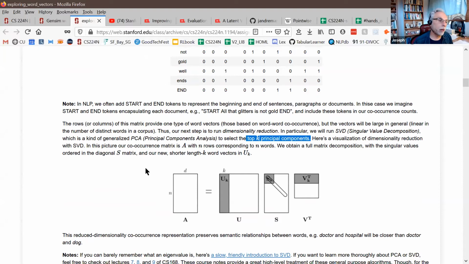This method of SVD is in general a method of decomposing matrices that are rectangular, not necessarily square, and that's why it's so useful. And so in general, you will get different matrices. The U is an orthogonal matrix, and the V transpose is an orthogonal matrix. The rows are orthogonal to each other.